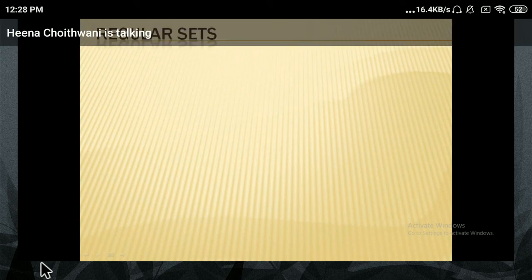We have seen regular expressions now, how to represent your language using regular expressions. For that, we have seen a few rules and we have converted our language into regular expressions. Now check, we have regular sets.